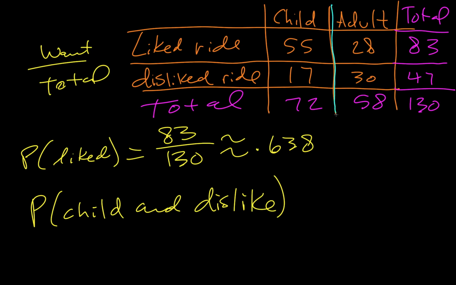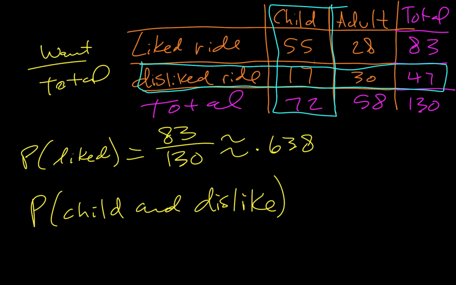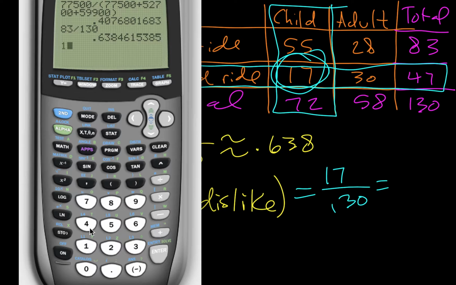So we have child, we have dislike. The place where those overlap is 17, and so that's going to be our want. And once again, our total was 130, everyone who rode it. So we go to our calculator, we do 17 divided by 130. We go to 3 significant figures, so 0.131.